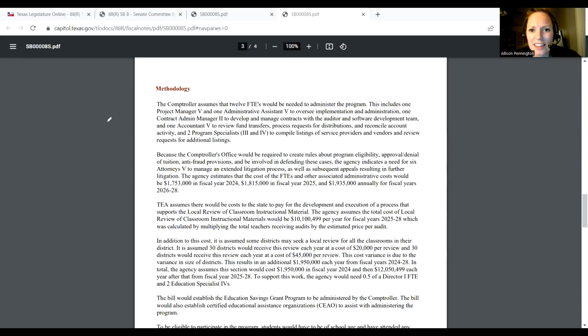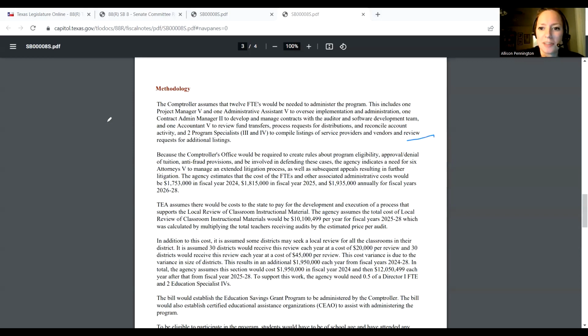It sounds like there may also be some staff time mixed in here for some of the other components of the bill, but all this stuff about reviewing fund transfers and processing requests for distributions and reconciling account activity and all that, compiling listings of service providers and vendors, all of that is ESA stuff. So 12 people just at the comptroller's office to run this in addition to these certified education assistance organizations.